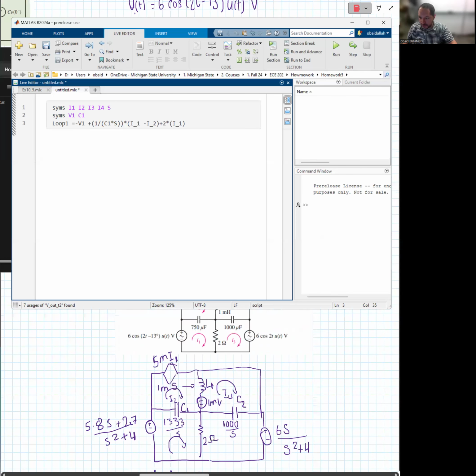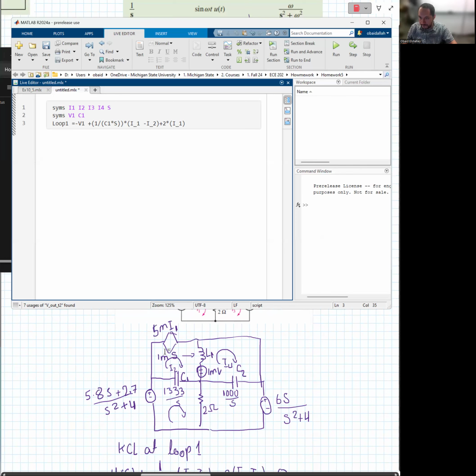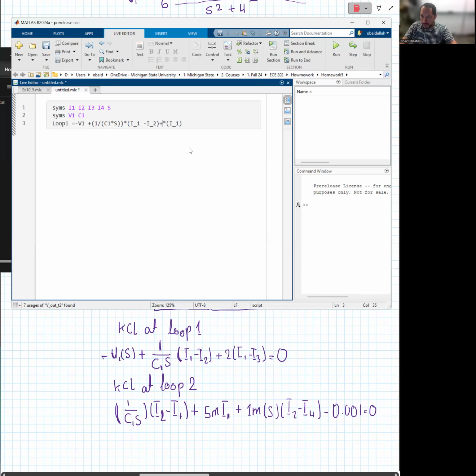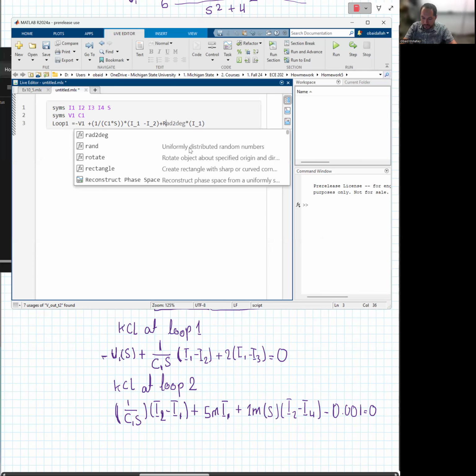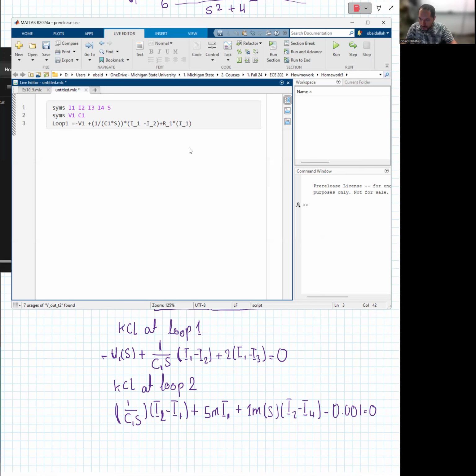Let's call this resistance R1, so R1 times (I1 minus I3) equals 0.